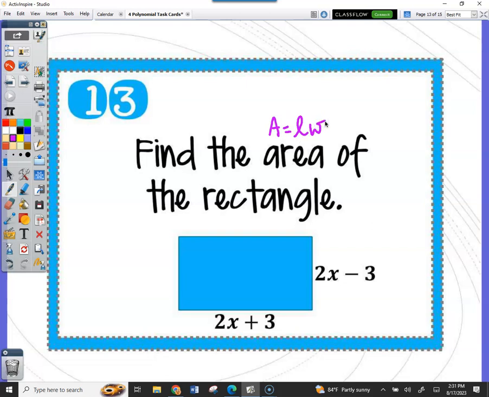Or, some people call it base times height. Doesn't matter which one you call it. Same thing. So this is saying, hey, take the length and the width and do what with them? Multiply. Right? So this is a multiply problem.